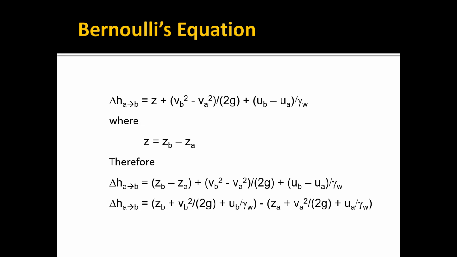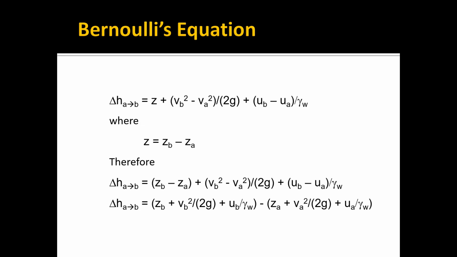And so the change in head from A to B is this term we've derived. But let's remember that Z is equal to the elevation difference between A and B, which is ZB minus ZA. Therefore, a better way to write this is ZB minus ZA plus the velocity term plus the pressure term.